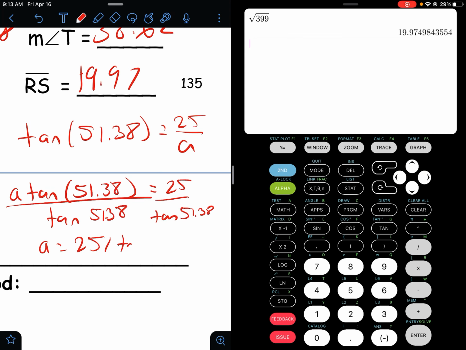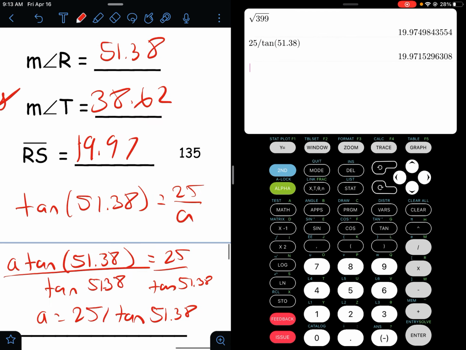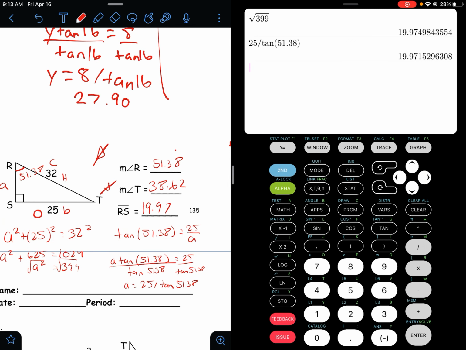So A is 25 divided by tangent of 51.38. Let's plug that in, and we get the same number, right? So again, that shows how you can use the Pythagorean theorem or trig.